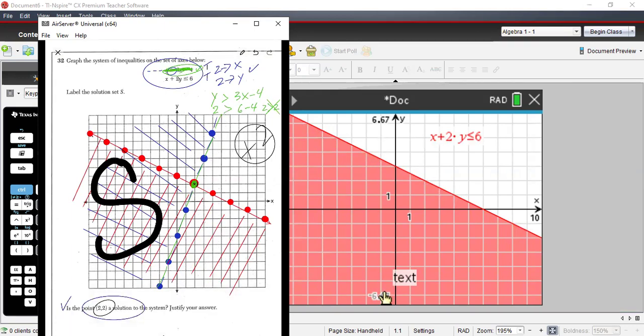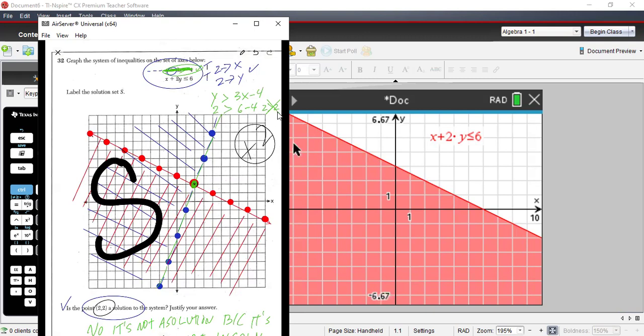So that means we would say no, it's not a solution because it's not in the solution set. And technically it isn't. It's right on the boundary. So it's not. That's it.